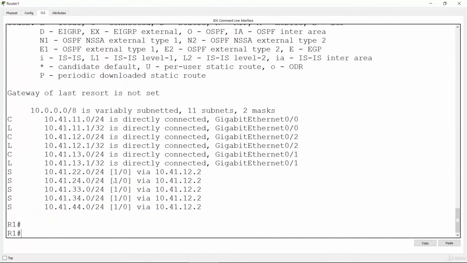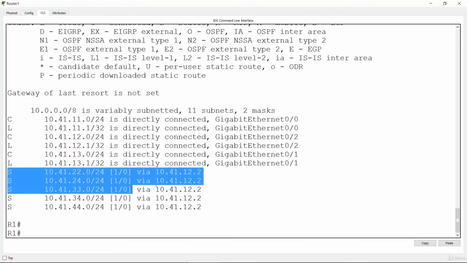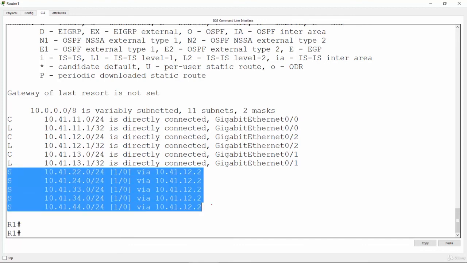And as you can see, I had directly connected interfaces automatically appearing on my router, and the local interface of the router is appearing automatically too. And these lines are appearing after the configuration of the static route that we made on our previous steps.